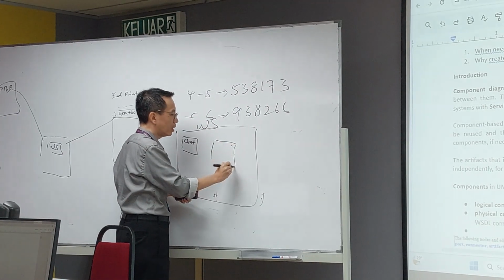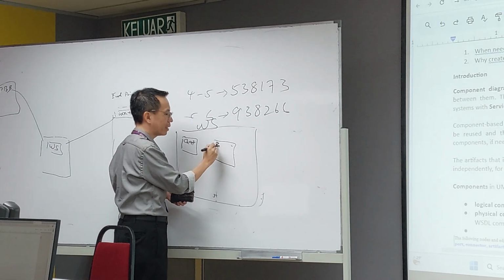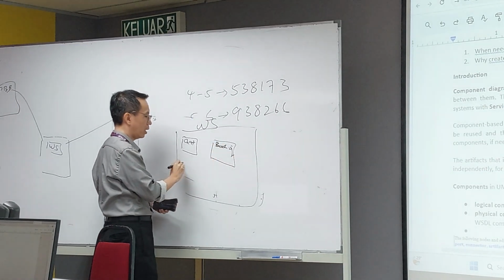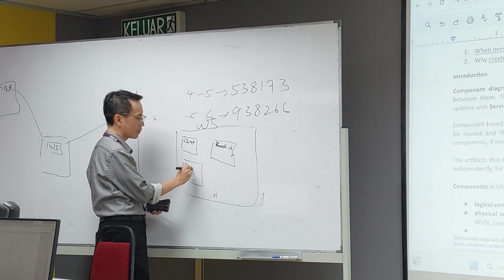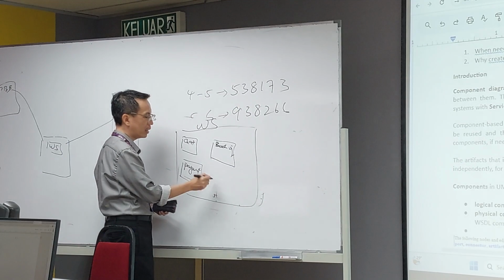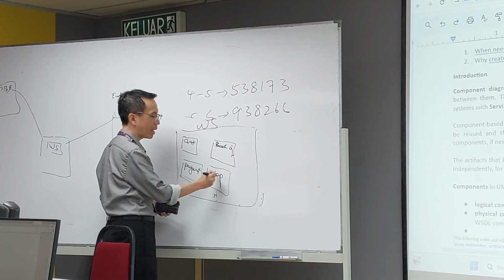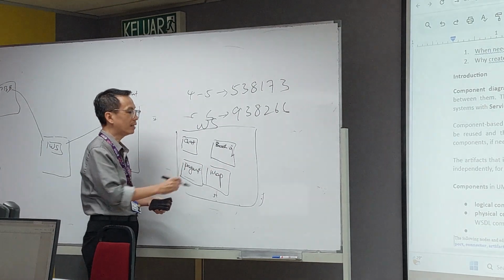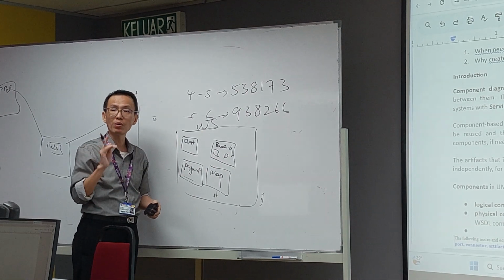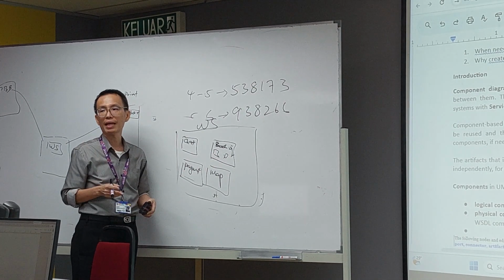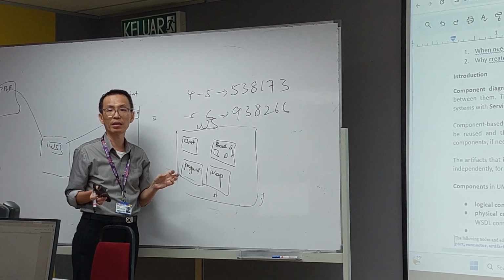Another component is for reservation or booking. Another component is for the payment. Maybe another component is for the map, to show the map. And each component may have sub-components, depending on your design. But you should be reminded that in component-based development, each component is a standalone component.